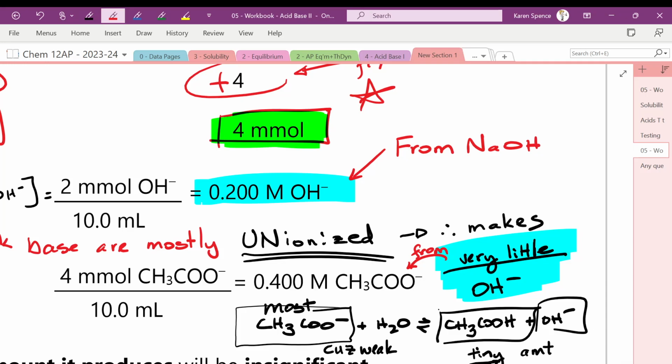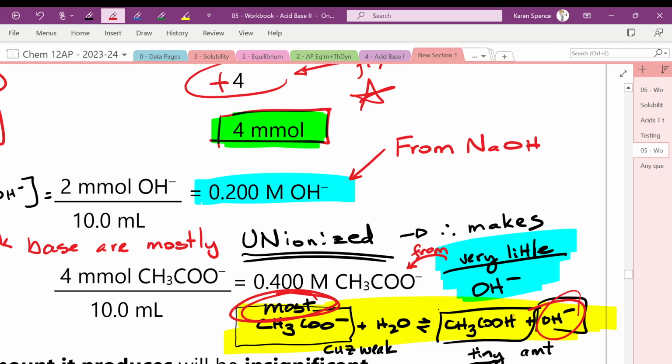Yes? I thought that most of it had to be on ion, so that it was very significant. Okay, so the ionization reaction is this reaction here. If most of it stays over here, how much OH are we getting?